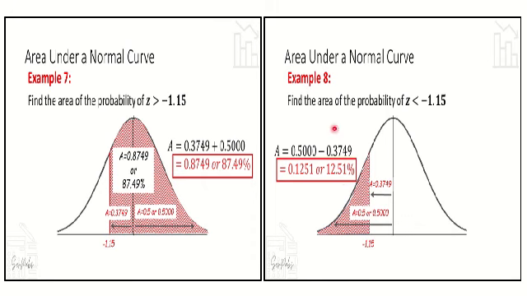Pag pinagsama natin yung example number 7 sa example number 8, masya-shade na natin yung buong probability natin, yung buong normal curve natin. Therefore, ang total ng example number 7 sa example number 8 will be equal to 100%. Pag inadd natin ang 87.49% at saka ang 12.51%, that will be a total of 100%. Diba? Ang mas mababa ay 12.51%, ang mas mataas ay 87.49%. Ang total nila is 100%.